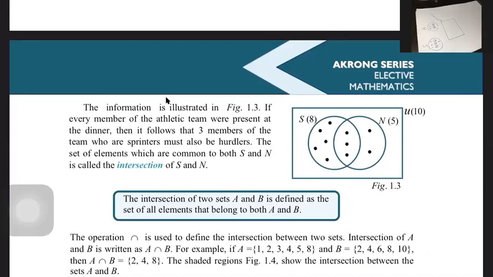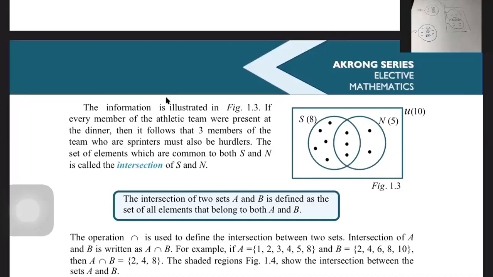Good. Now I have hurdlers. So now I know that I have 1, 2, 3, 7, and 8, and then 4, 5, 6, and 9, and 10. So this is what it means.